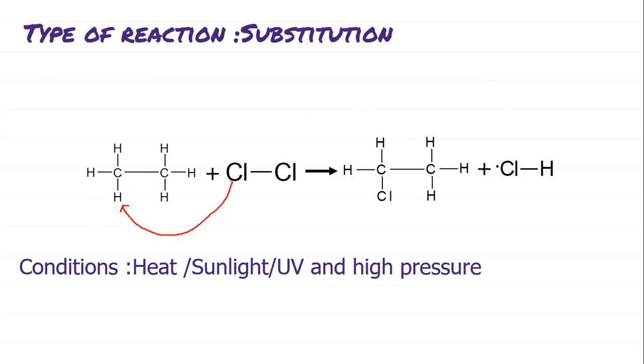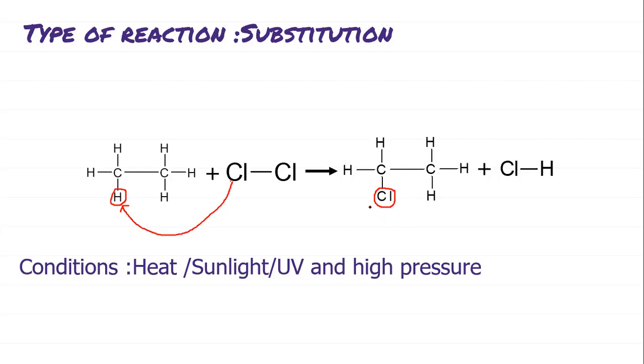Now, when we look at our products and compare them to the reactant, can you see that in the reactant I had a hydrogen atom, but what I have formed does not have a hydrogen atom anymore. It has a chlorine atom. In other words, this hydrogen that was there has now been substituted by a chlorine atom.